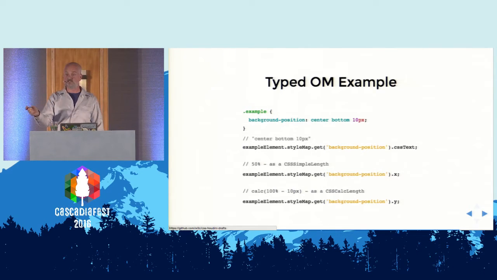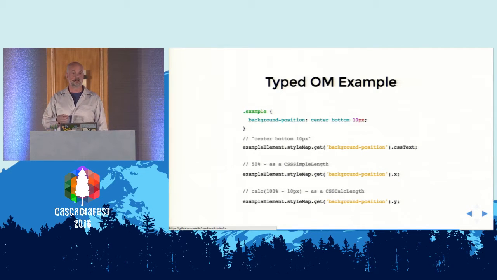The 10 pixel value isn't a string, it's a length that knows it's in pixels. And perhaps you can just add 5 to it and send it back through. And all of the parsing that gets you to those objects and gets you back to the value can be handled by the browser. And your code can just do the little fiddling that it needs to do without having to reinvent everything in the browser.